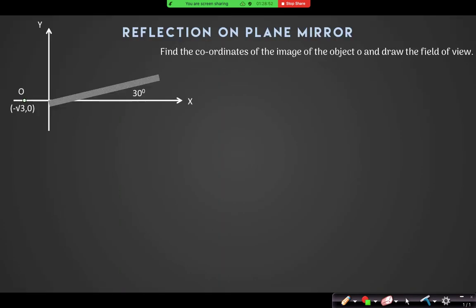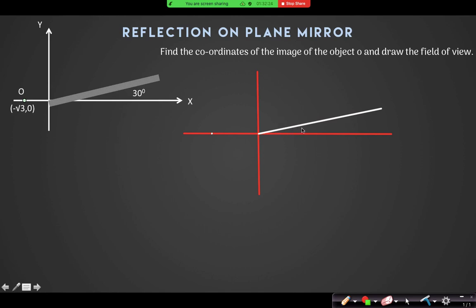So I have given you the coordinate of an object O. You have to just find what is the coordinate of the image I. The mirror is inclined at a 30-degree angle with the x-axis. Suppose this is the coordinate axis. It is my mirror. There lies my object.